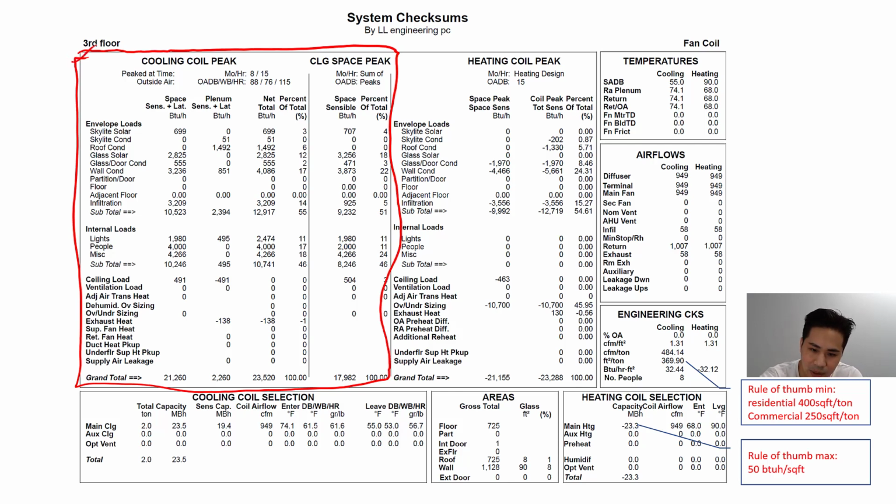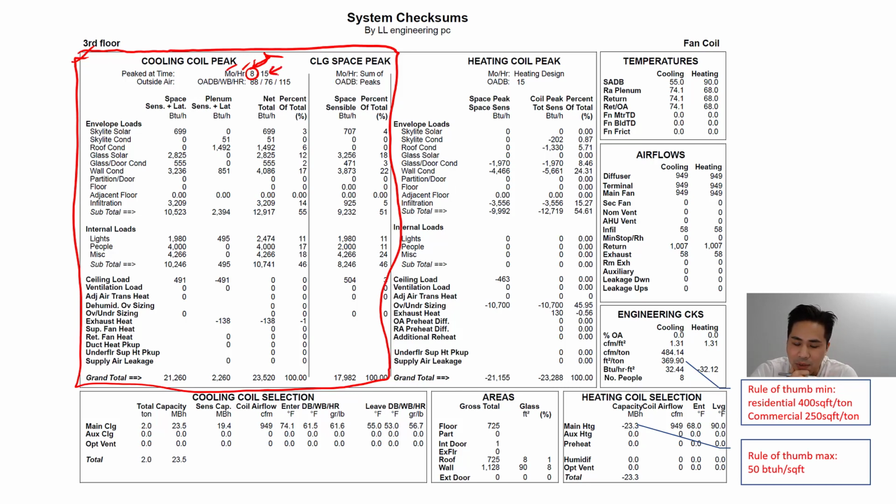If you look at the top, the peak time is calculated as the month and the hour. So it's the month of 8, which is August, and it happens at the hour of 15.